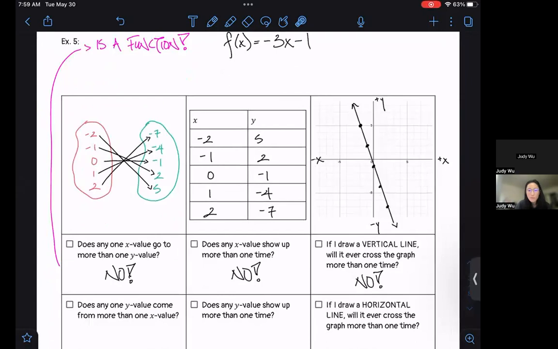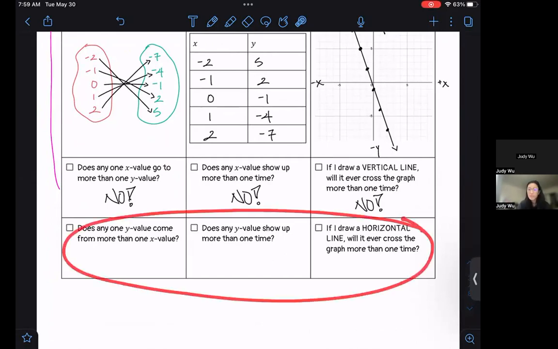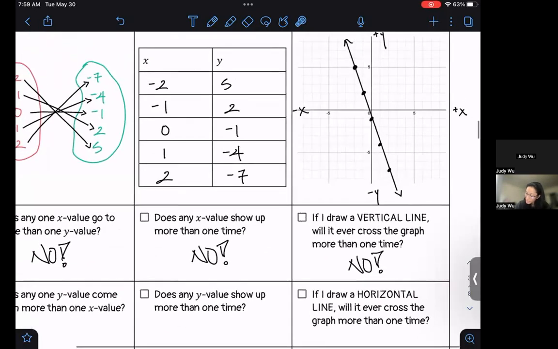Now that we know there's a function, let's take a look at the second set of questions, because sometimes we have a special kind of function called a one-to-one function. So these three questions down here will help us determine whether we have a one-to-one function or not. Let's start with our graph. This time it says, if I draw a horizontal line, will it cross the graph more than once?